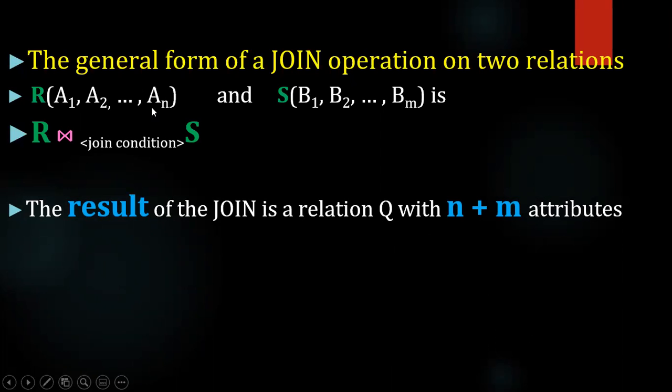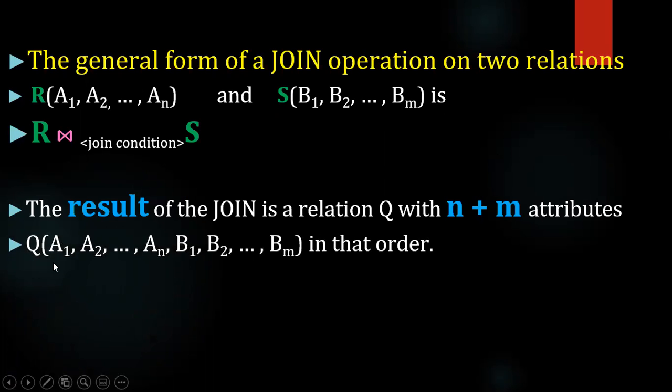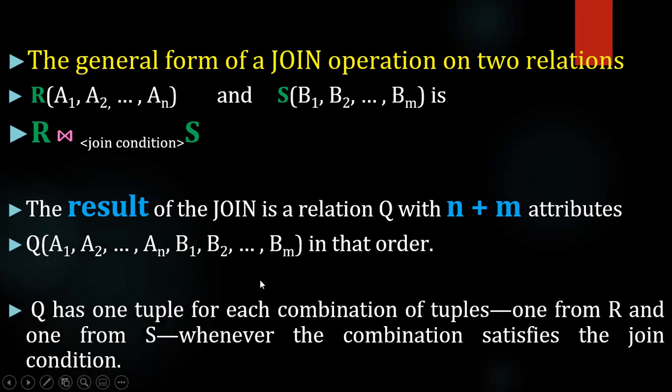That is, all attributes of relation R plus all attributes of relation S will be available in the result of the join. The resultant relation is Q, which contains all attributes from the first relation followed by the attributes from the second relation. This is the order of the attributes in the resultant relation.